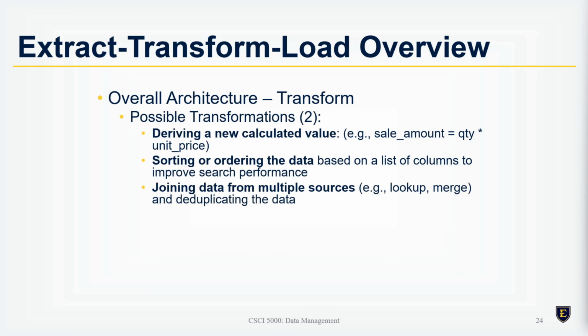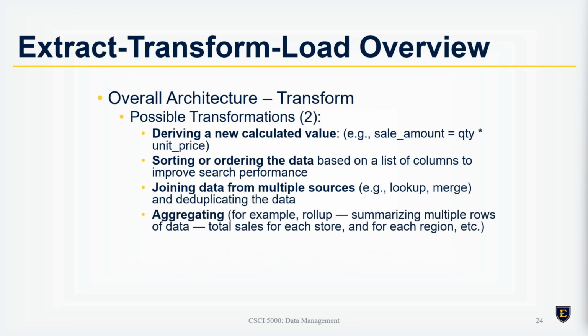Joining data from multiple sources so that you do not have to do the joins in the database that you're extracting into or loading into. Aggregating data, like doing roll-ups to summarize multiple rows, like the total sales for each store, for each region, and so forth. And remember, the data warehouses should allow you to drill down into the data as much as possible.